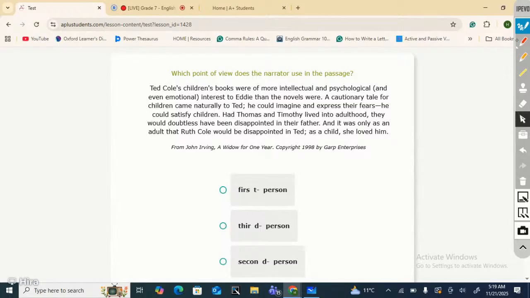Well, you can see the names of multiple characters: Ted Cole, Eddie, Thomas, Timothy, Ruth Cole. Multiple characters, third person, because the names are mentioned.